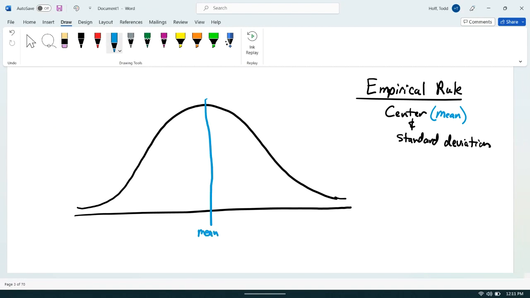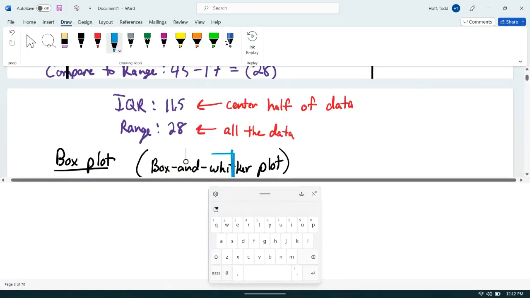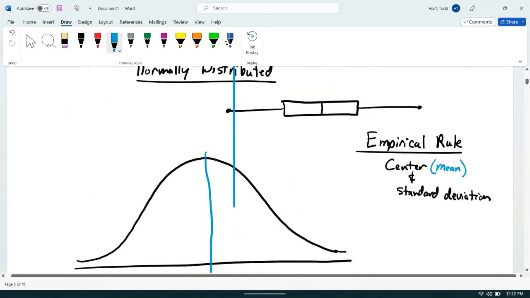And what we found with normally distributed sets of data, the standard deviation describes a specific percent of the data points for every normally distributed set of data. So what I mean by that, well, if I go from the mean and I go out 1 standard deviation to the side, each side.